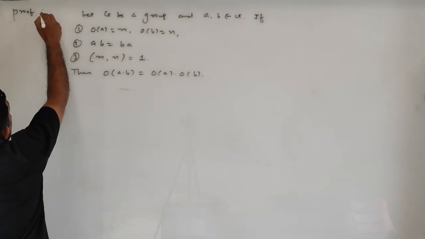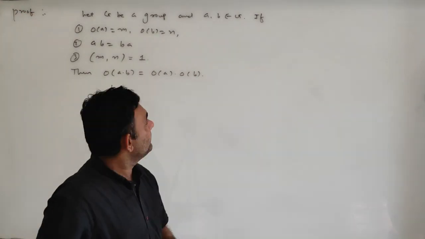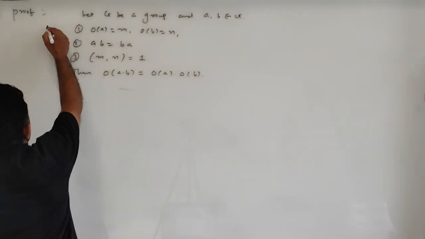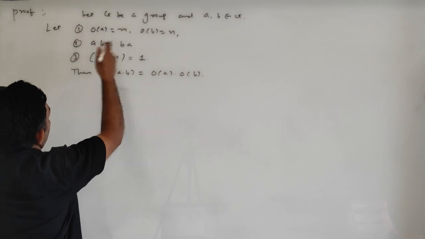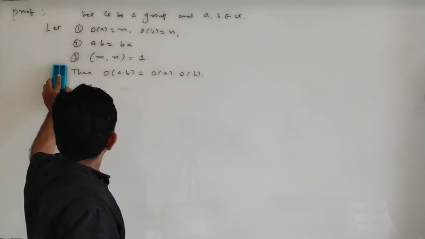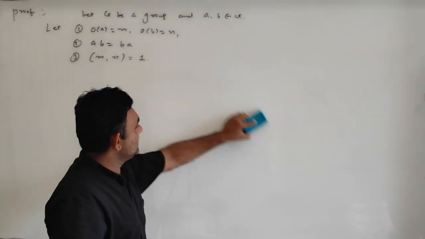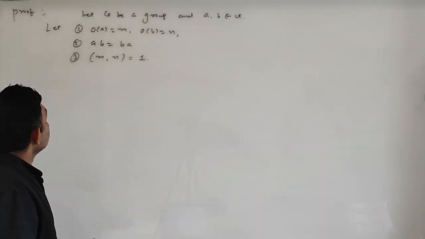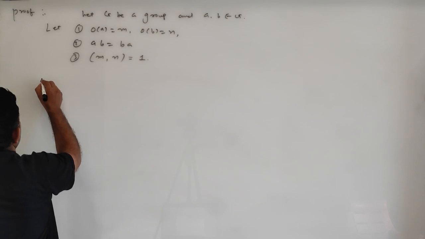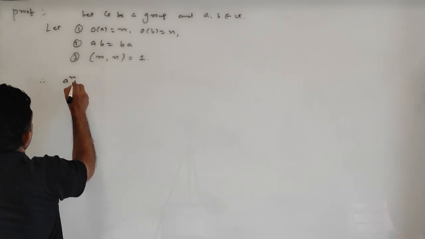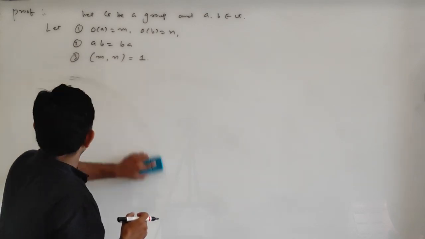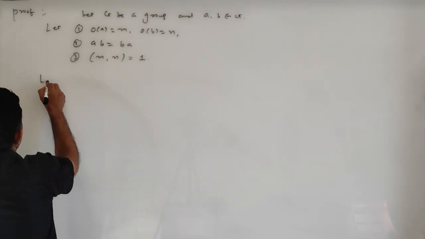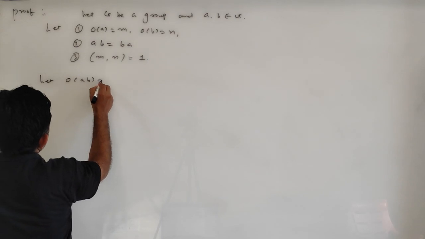Proof. Let G be a group and A, B belong to G. Also let conditions 1, 2 and 3 hold. So it is given. Now I want to prove order of AB is equal to order of A into order of B. So let the order of AB be t.